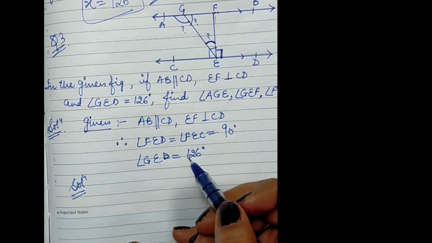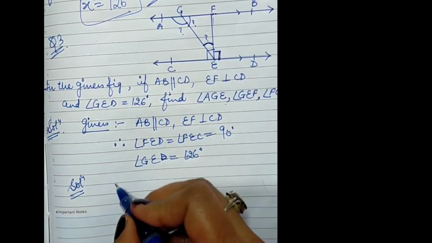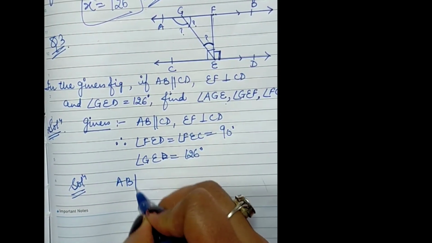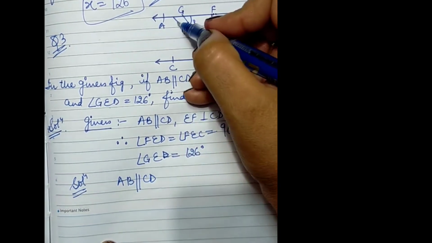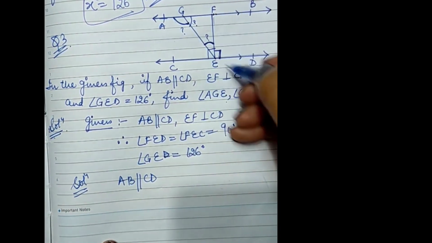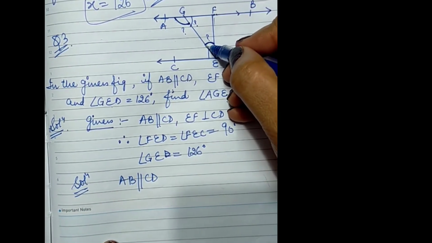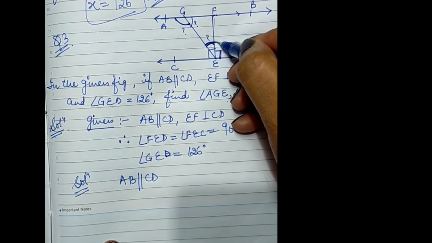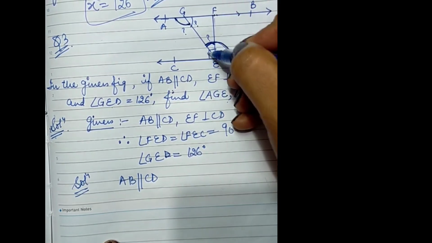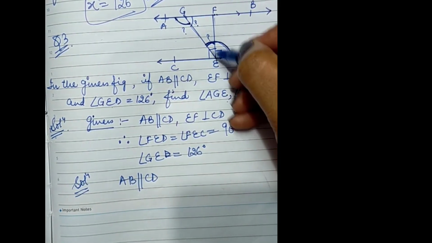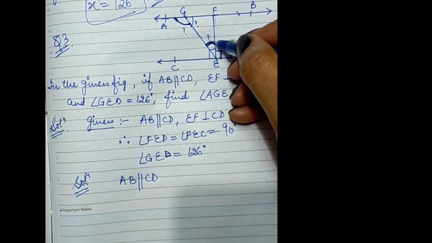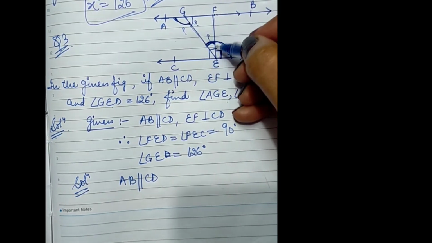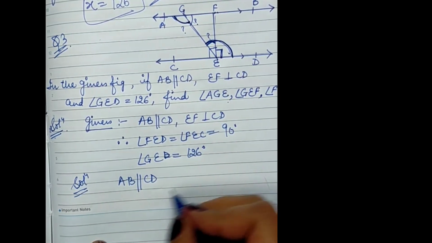So here you can see AB is parallel to CD, so let me write AGE, that means this angle equals this angle. Why? Because they are forming alternate interior angles. This is the transversal and these angles are interior but opposite, so we will call them alternate interior angles.